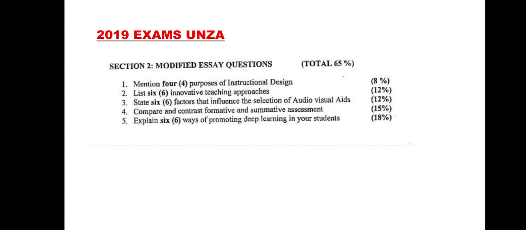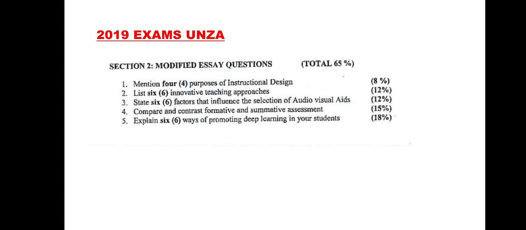So summative assessment is done after learning to judge the total achievement. So it's more like judging. If a student is writing their final exam, that is a summative assessment. If a student is writing midterm tests, those are formative assessment because you just want to test their progress.